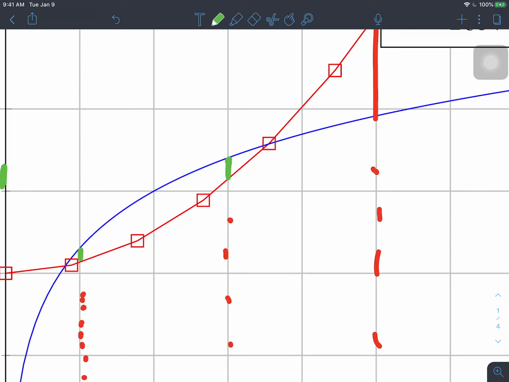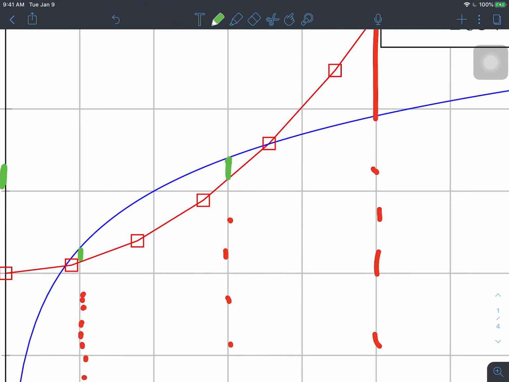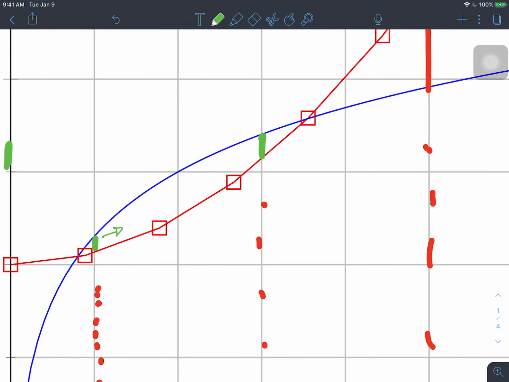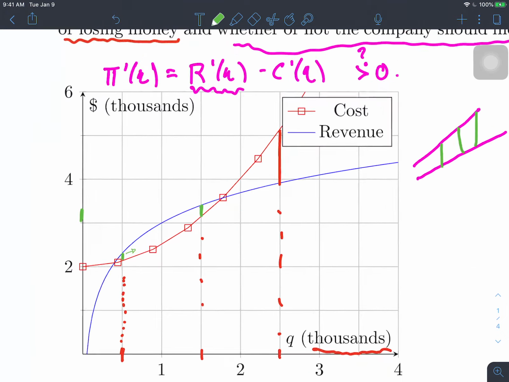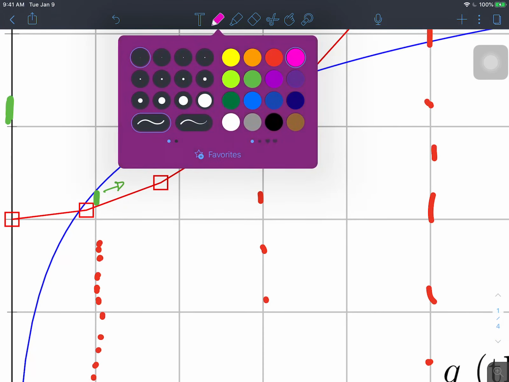if I move this green line, my pencil is too big. If I move this green line in this direction, do we think it's going to get taller or shorter? Taller, right? Taller green line means bigger money, right? That's what we want. So I could also just look at the tangent lines.